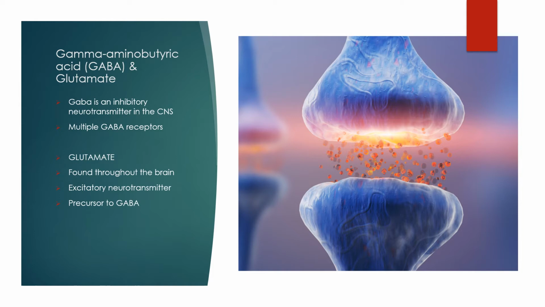However, excessive glutamate release can be toxic to the brain and has been linked to neurodegenerative diseases such as Alzheimer's disease, ALS, or amyotrophic lateral sclerosis, and Huntington's disease. Deficits can also cause poor memory, low energy, and distractibility.